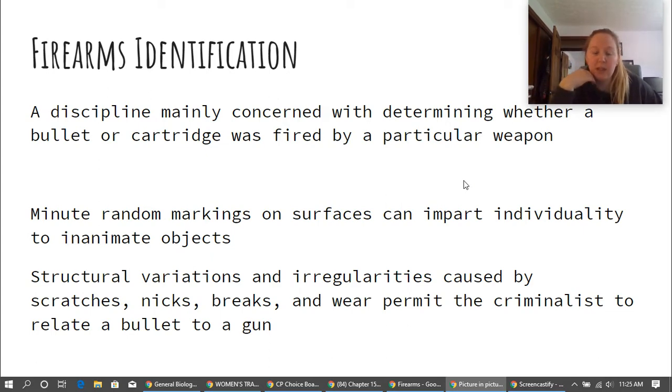Minute markings on the surfaces can partly individualize inanimate objects, especially those coming out of the firearm, and we'll talk about why that is. There are structural variations and irregularities caused by scratches, nicks, breaks, and wear that permit the criminalist and the firearms examiner to relate a bullet to a specific gun.